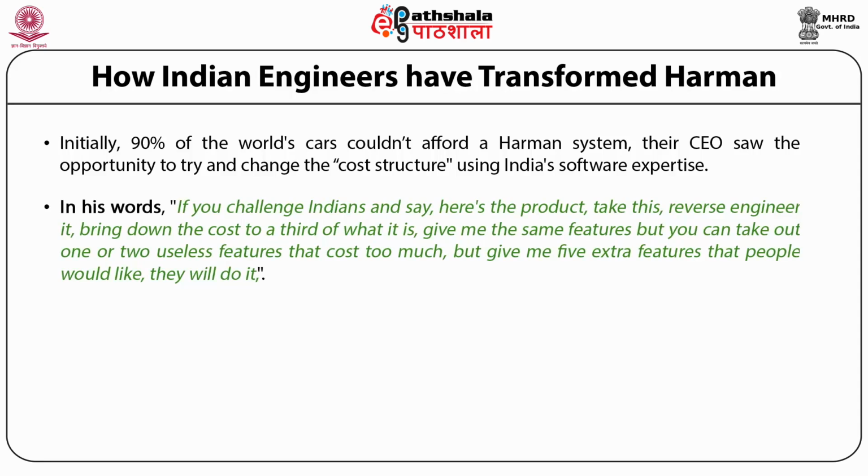In his words, if you challenge Indians and say, here's the product, take this, reverse engineer it, bring down the cost to a third of what it is, give me the same features, but you can take out one or two useless features that cost too much, but give me 5 extra features that people would like, they will do it. The strategy worked wonders.